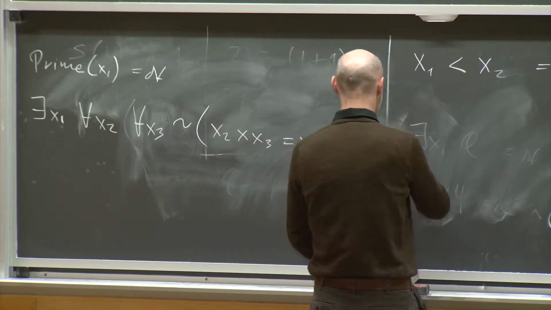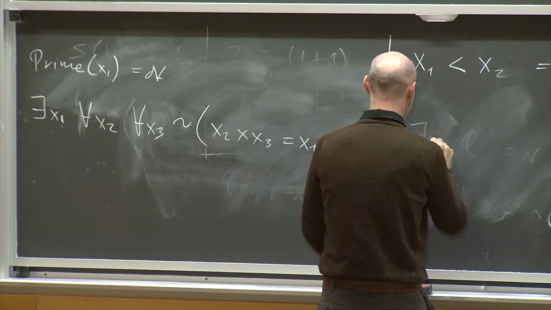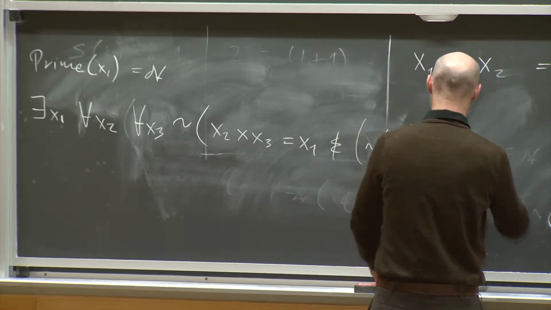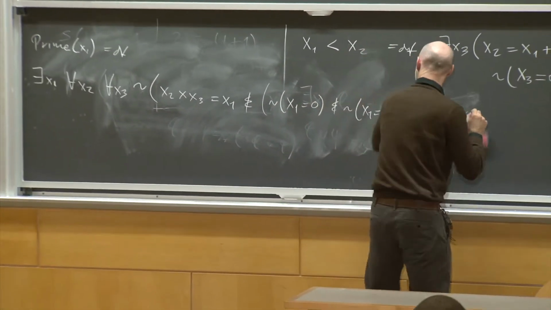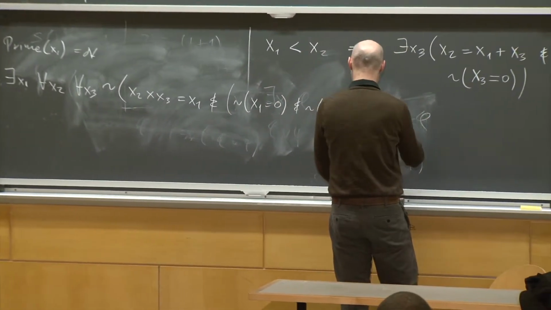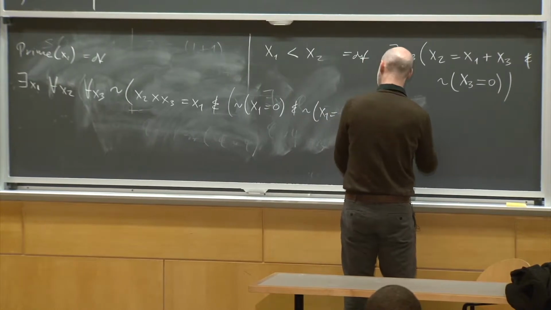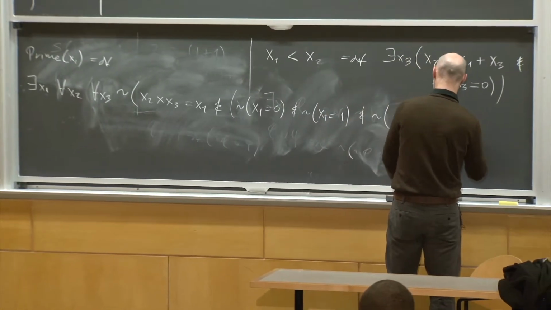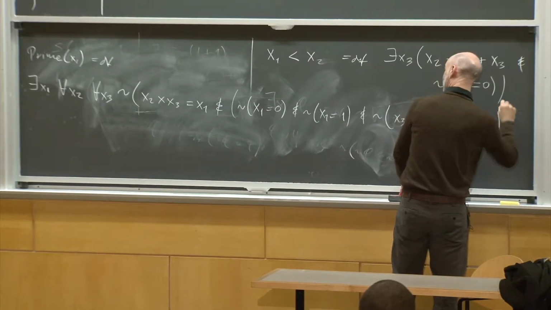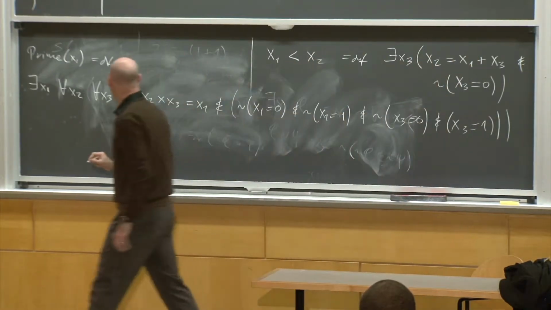And it's not the case that x1 equals 0, and it's not the case that x1 equals 1, and it's not the case that x3 equals 0, and it's not the case that x3 equals 1. Is that it?